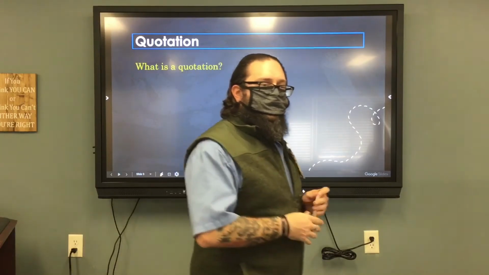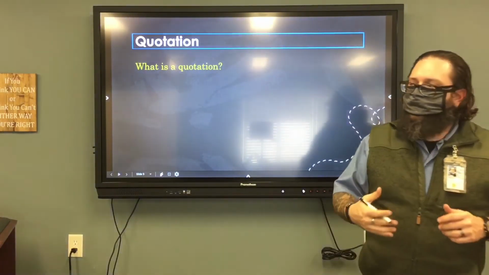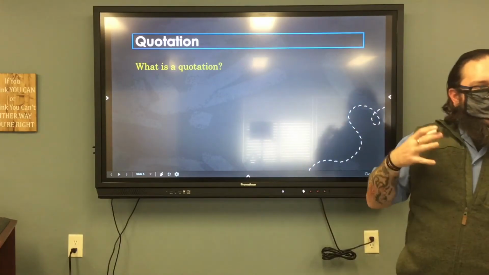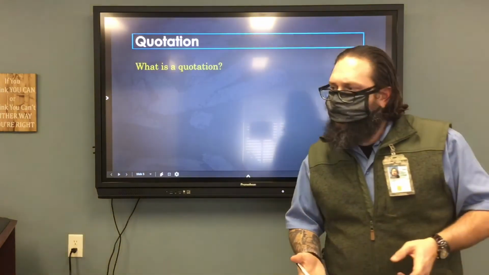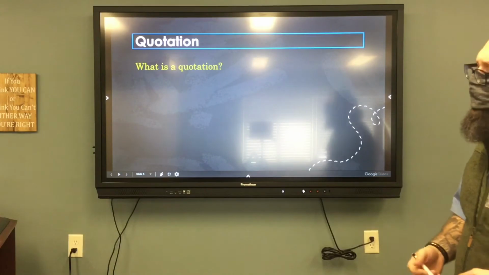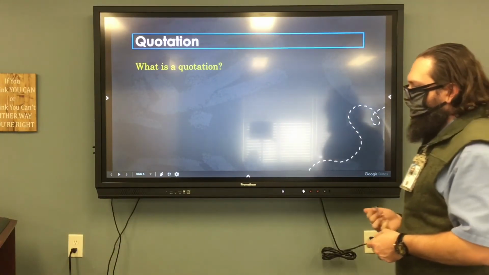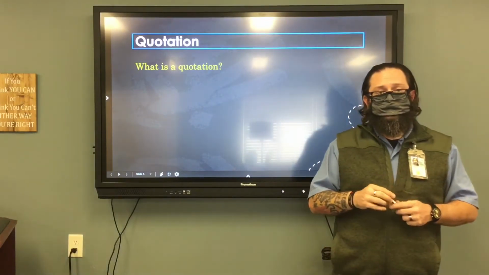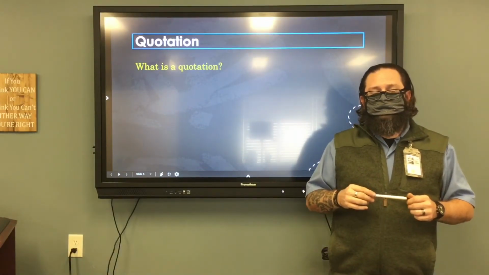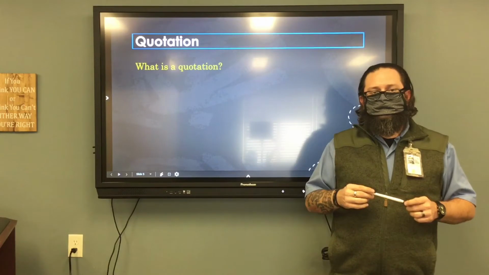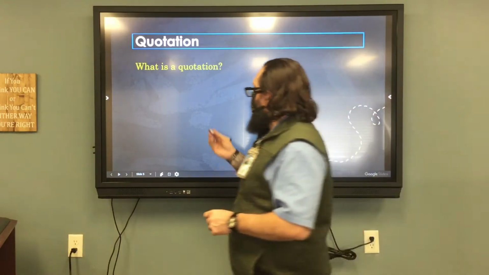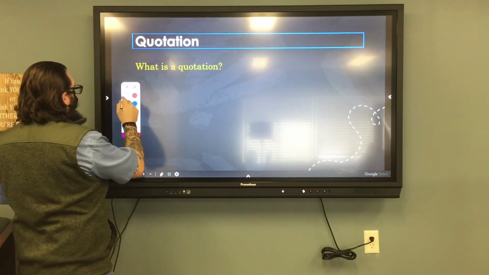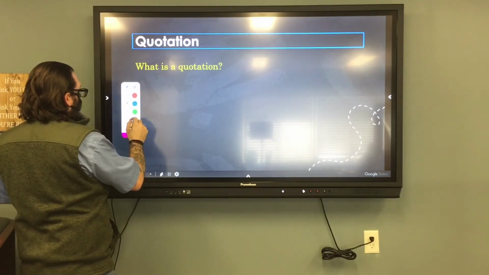One thing that we can do to gather our evidence is to identify quotations. All right, so who can tell me what a quotation is? Those two marks that are on either side, quotation marks. Something you pull out of a text, but you have to make sure you say who said it.